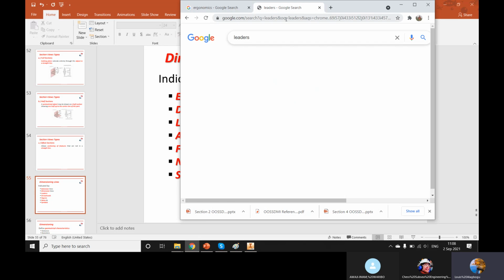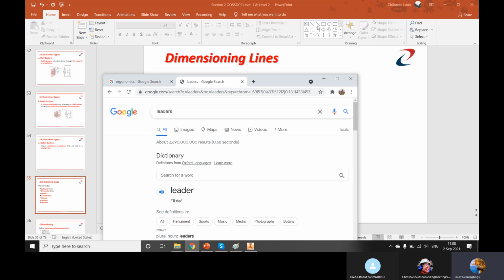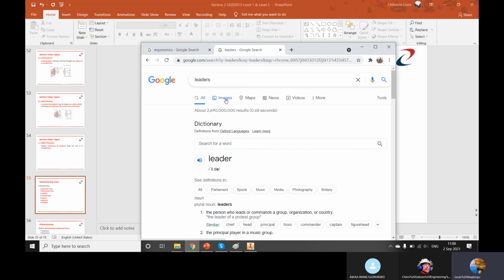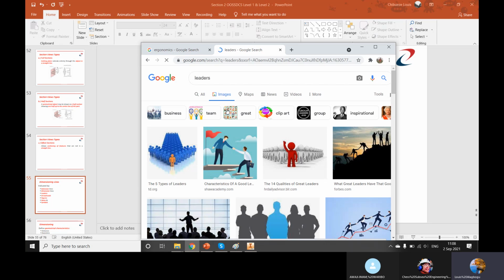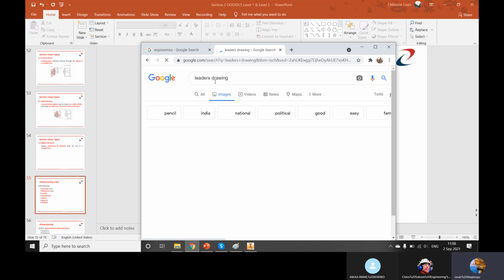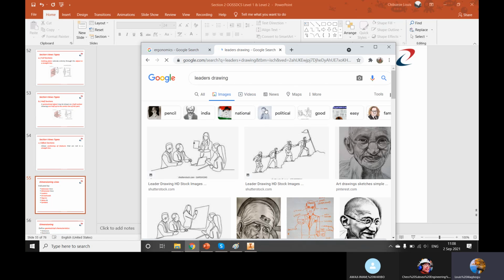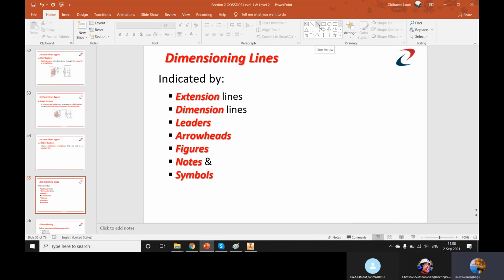So these are leaders. Something like this arrow up here is what we use for a leader. It's showing me images, but something like this arrow here.